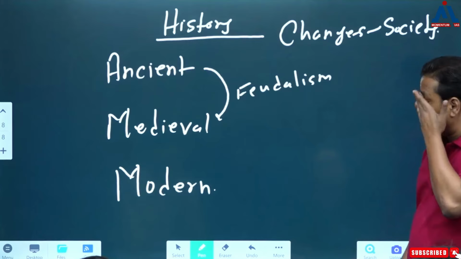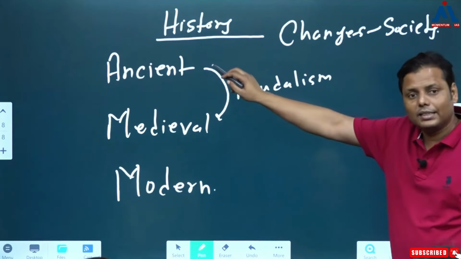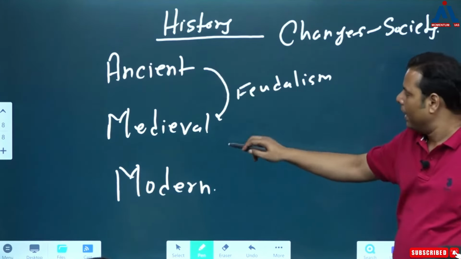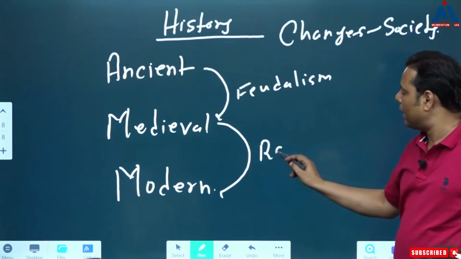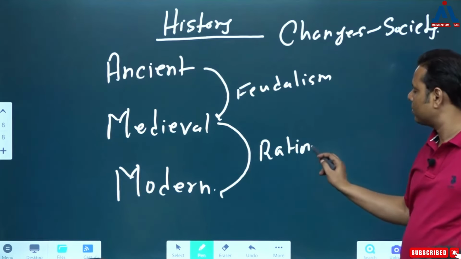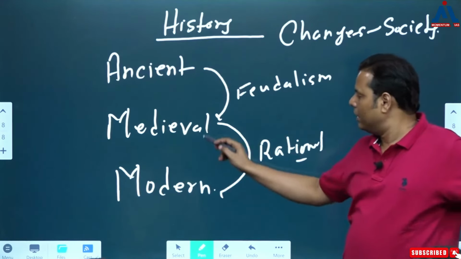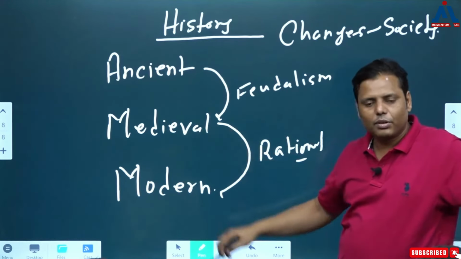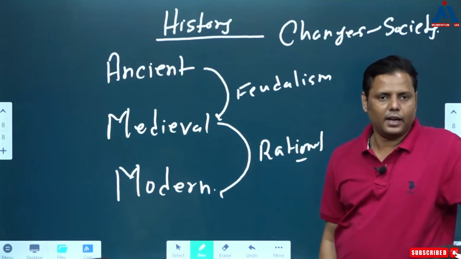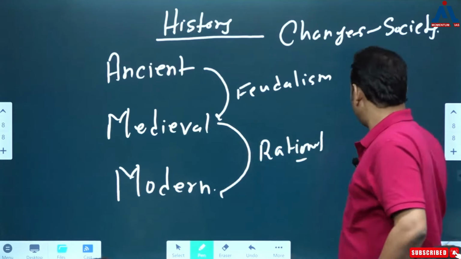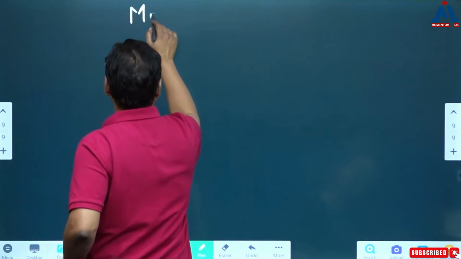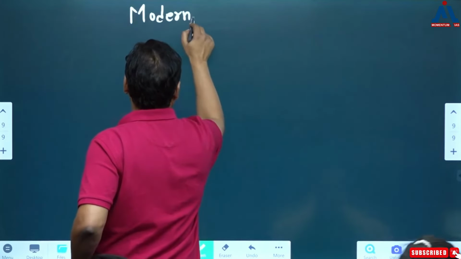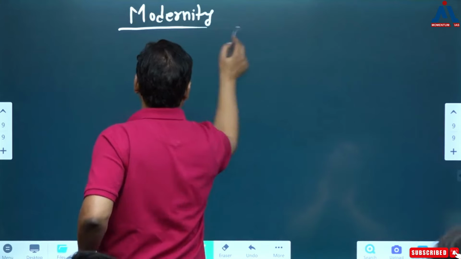With the coming of feudalism, we say that the society has entered from ancient to medieval. In the same way, when society is becoming rational, then we say that the society has transformed from medieval to modern. Correct? Now the point is, what are the parameters for this modernity?